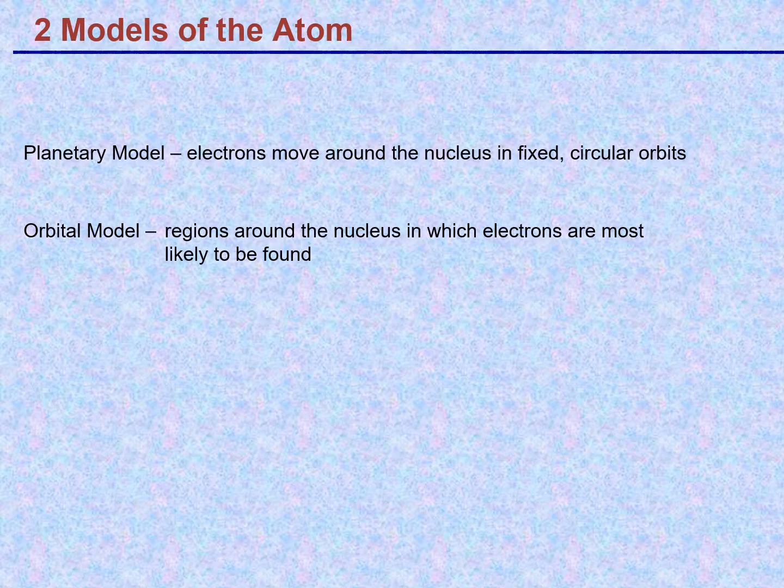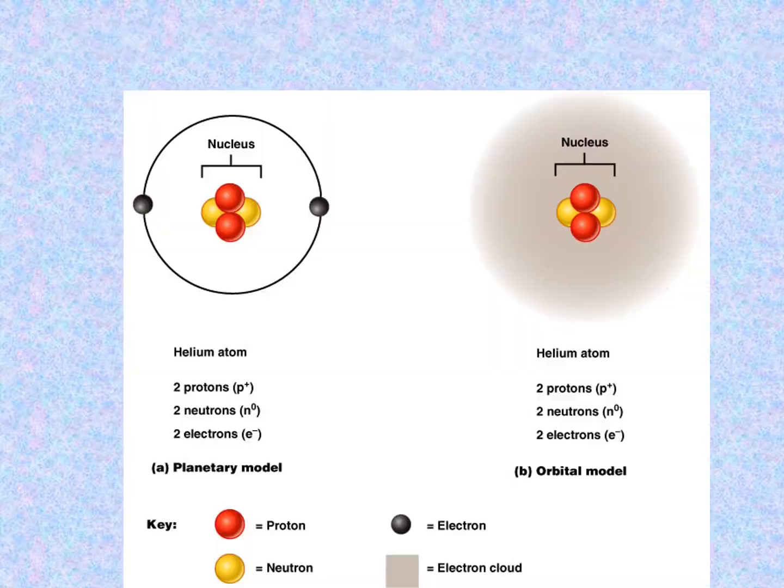The orbital model just shows that there's a somewhat amorphous, undetermined region around the nucleus where the electrons are moving. It's probably somewhat more accurate than the planetary model, but it doesn't lend itself to explaining interactions between different atoms.